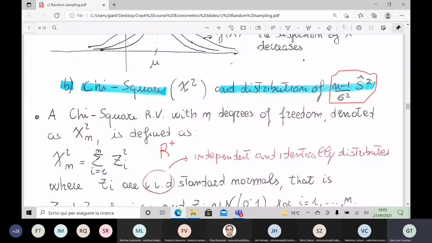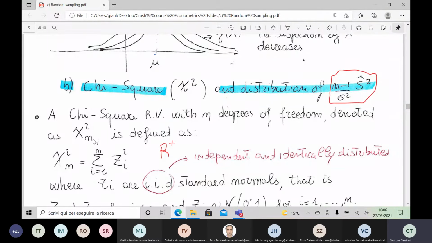In particular, guys, we denote a chi-square random variable with n degrees of freedom in the following way, with this capital letter, with this bar. Sometimes someone puts another small line here, but I prefer to use this. This is the notation used to denote a chi-square random variable with n degrees of freedom.